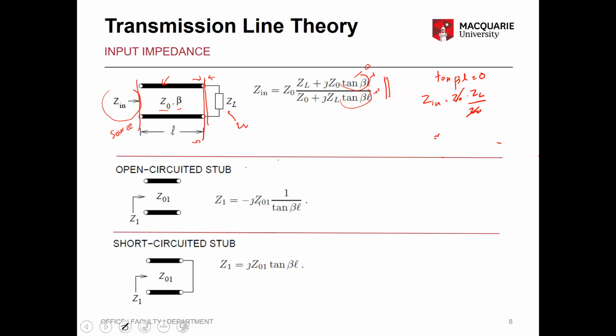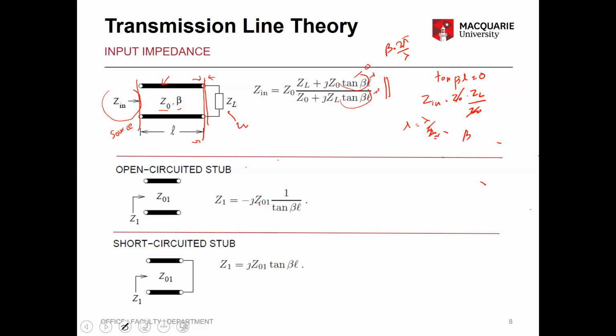Now let's look at another case. Beta equals 2 pi over lambda, from the previous lecture, and the line is lossless, so alpha is 0. Let's look at lambda by 2 because it's easier.